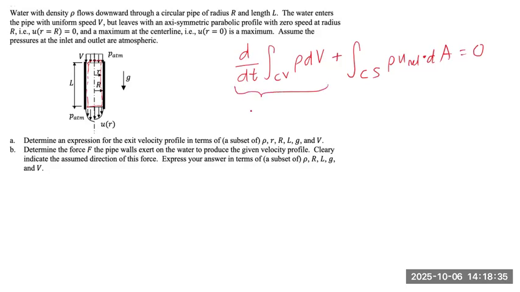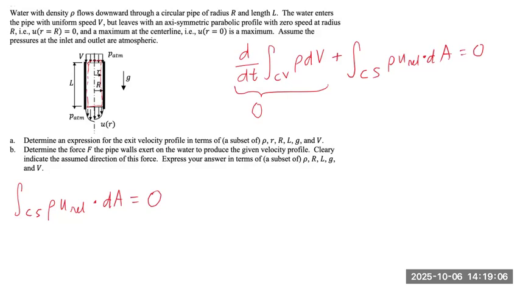So for steady state, this term goes to 0, because essentially this term means the rate of mass accumulation in the control volume, and that is 0, since there is no change in mass in the control volume. So now what we have to find is the value for the integral over the control surface of rho times u relative dot dA, and this must be equal to 0.